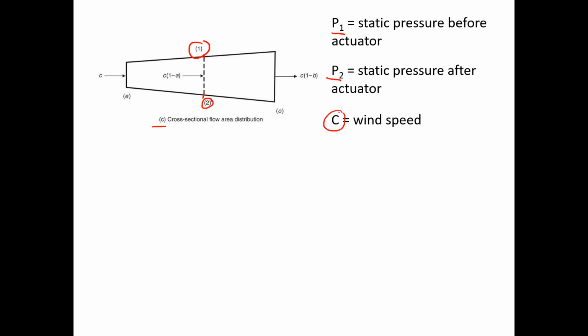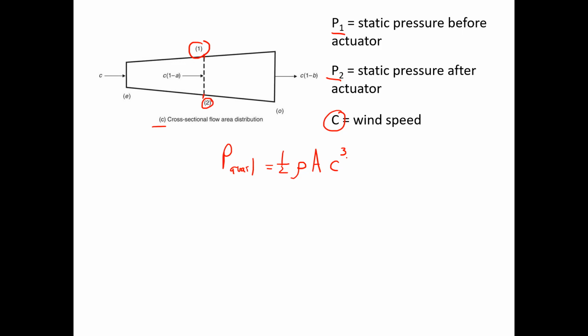And again, we're going to define C as the wind speed coming from afar towards the wind turbine. And let's recast our available power. The total available power in the wind, according to the prior slide, we derived as 1/2 density times actuator area times wind speed cubed.